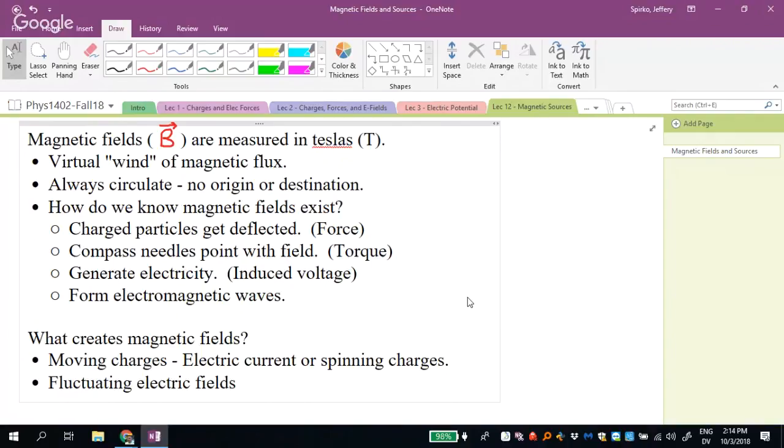It's very complicated math that involves calculus 3 concepts and differential equations and stuff like that. But the idea that fluctuating electric fields generate magnetism is what allows electromagnetic waves to form. And I'll describe that process probably a couple of times because I think it's really interesting. So every time I get a chance, I like to say that electric fields generate magnetic fields and magnetic fields generate electric fields, and then they get together and go off as light.